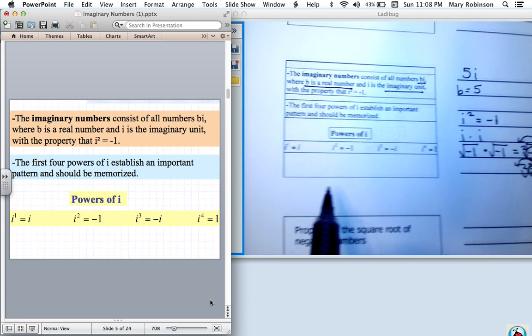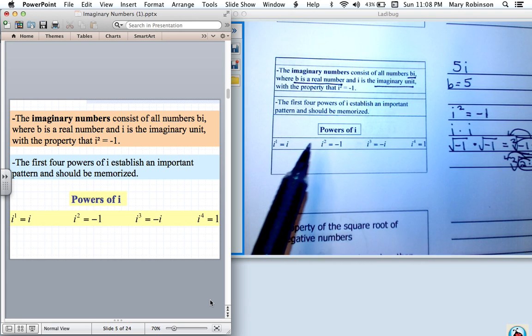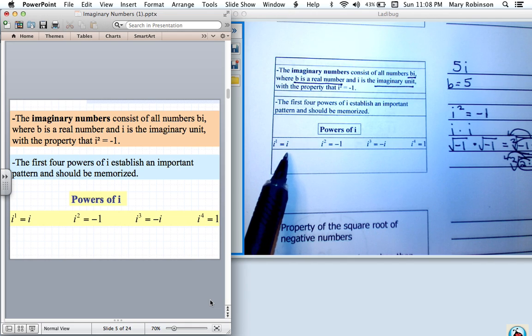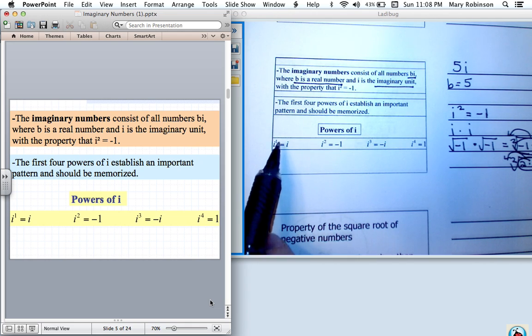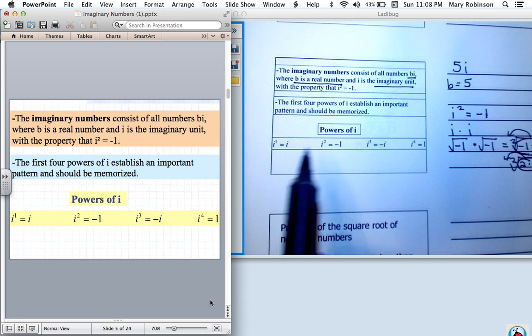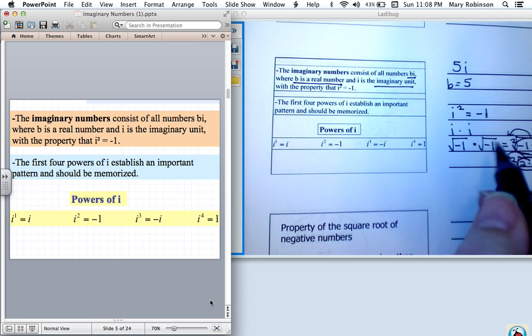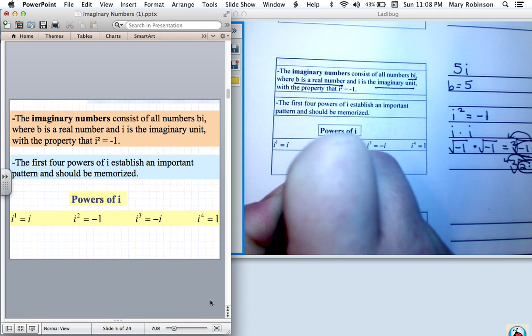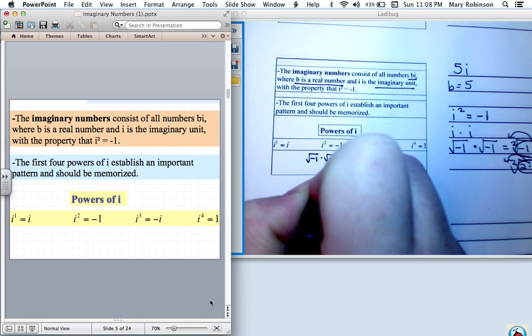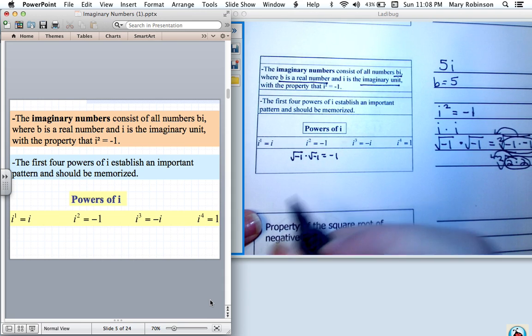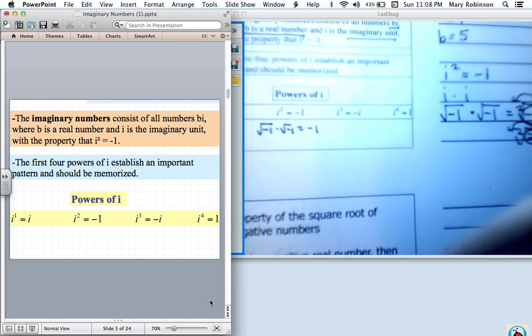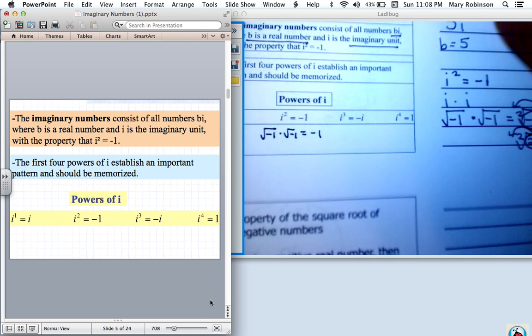We can see these definitions right here, when we are talking about simplifying powers of i, that i to the first power will equal i. i squared, like we just illustrated, equals the square root of negative 1 times the square root of negative 1, which equals negative 1. And i cubed equals negative i.